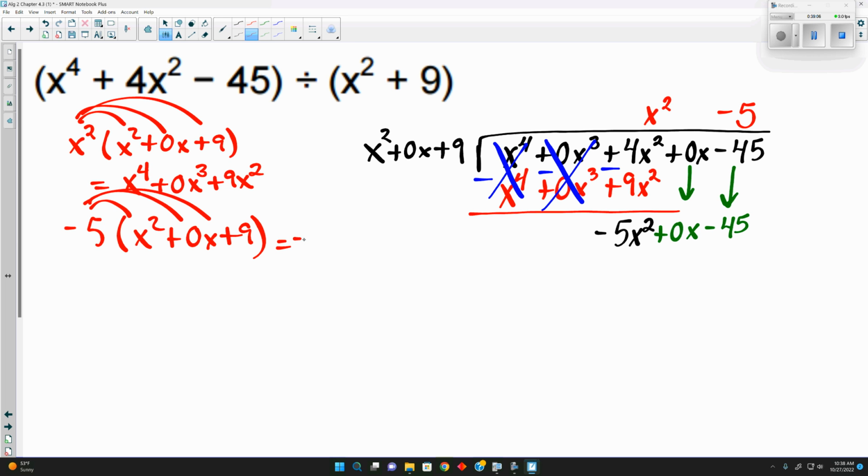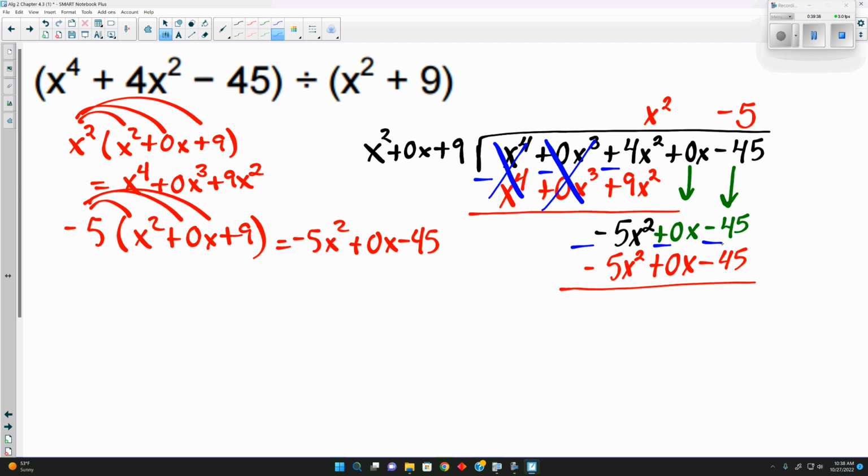Negative 5 times x squared is negative 5x squared. Negative 5 times 0x is plus 0x. And negative 5 times 9 is negative 45. So we have negative 5x squared plus 0x minus 45. And again, we're going to subtract, yes?